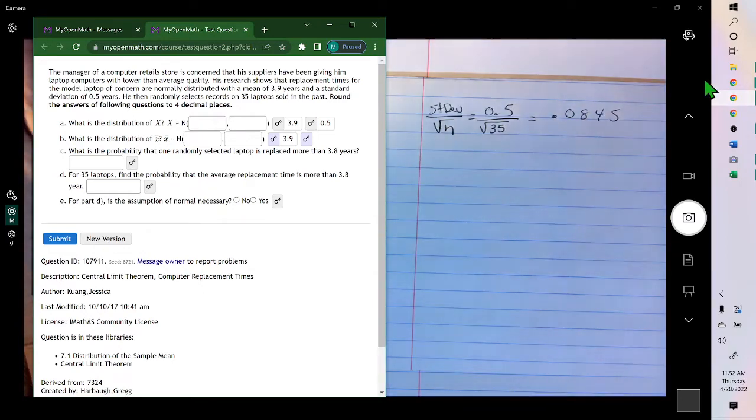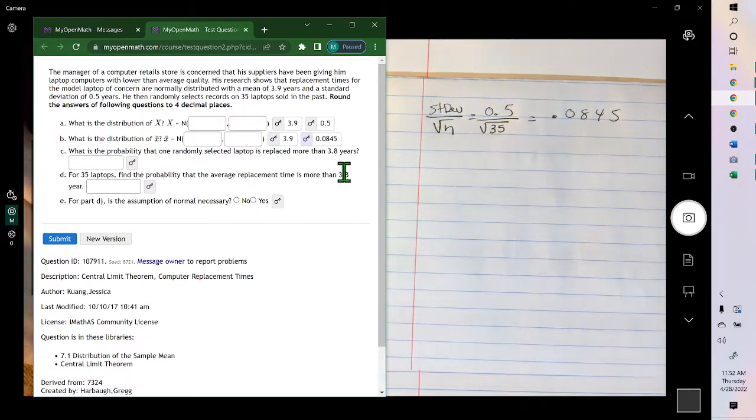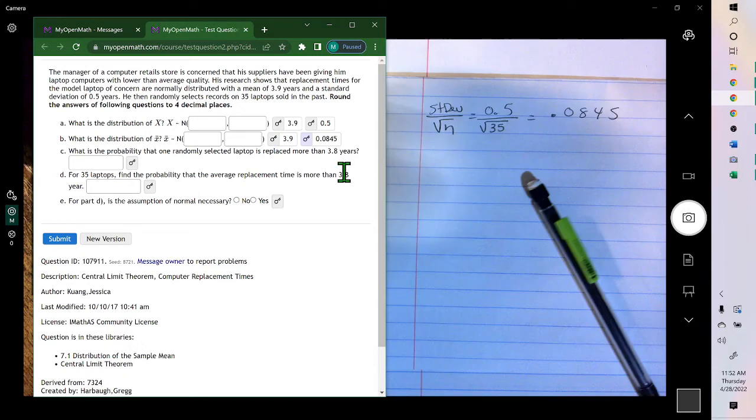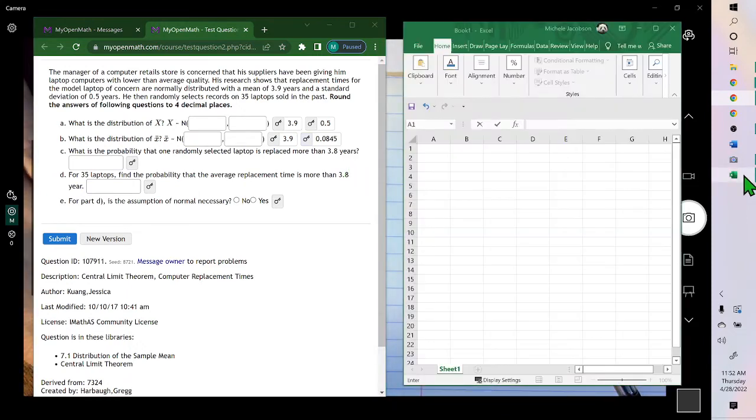I think they want 4 decimal places. Yeah, 0.0845. So it's just the standard deviation divided by the square root of n.